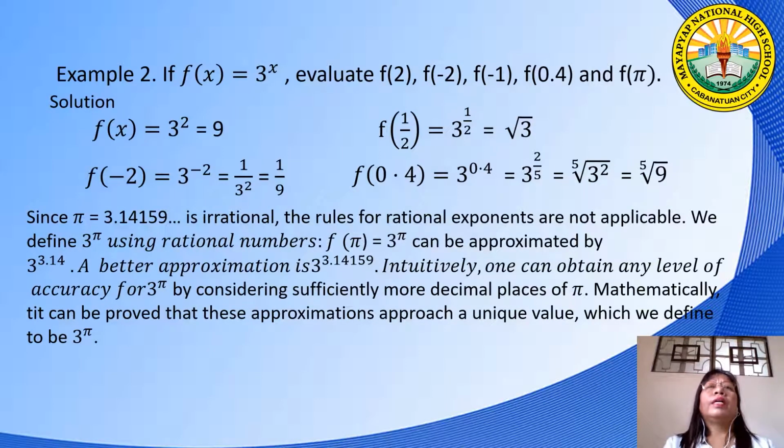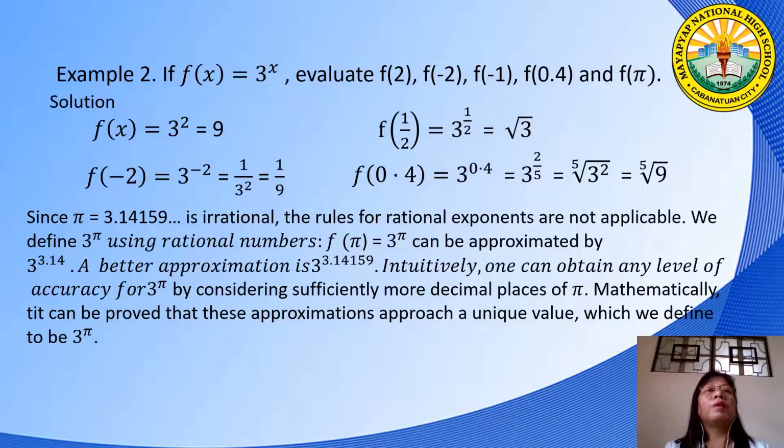For f of pi, since pi equals 3.14159 and so on is irrational, the rules for rational exponents are not applicable. We define 3 raised to pi using rational numbers. f of pi equals 3 raised to pi can be approximated by 3 raised to 3.14.